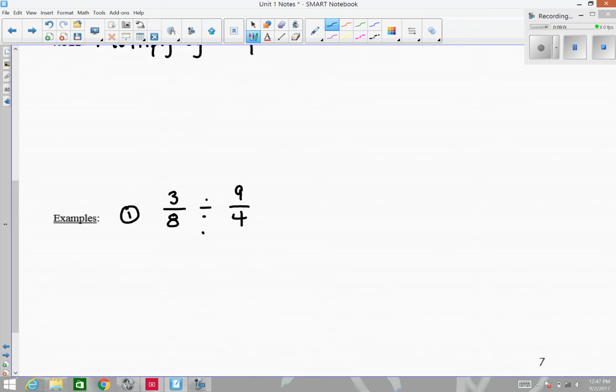So this division sign is going to change to multiplication. And instead of dividing by 9/4, I'm going to multiply by the reciprocal of 9/4. So I'm going to take that 9/4 and swap the numerator and the denominator, and my new fraction is going to be 4 over 9. The 3/8 remains the same.